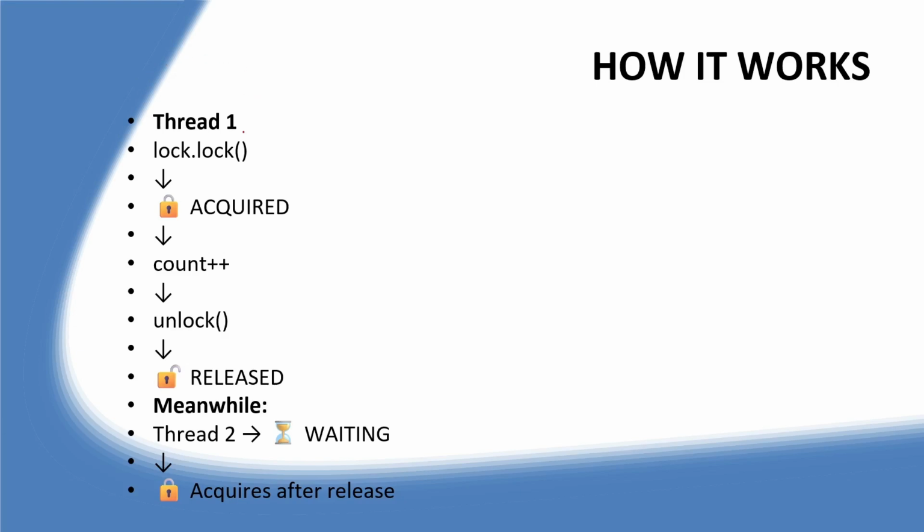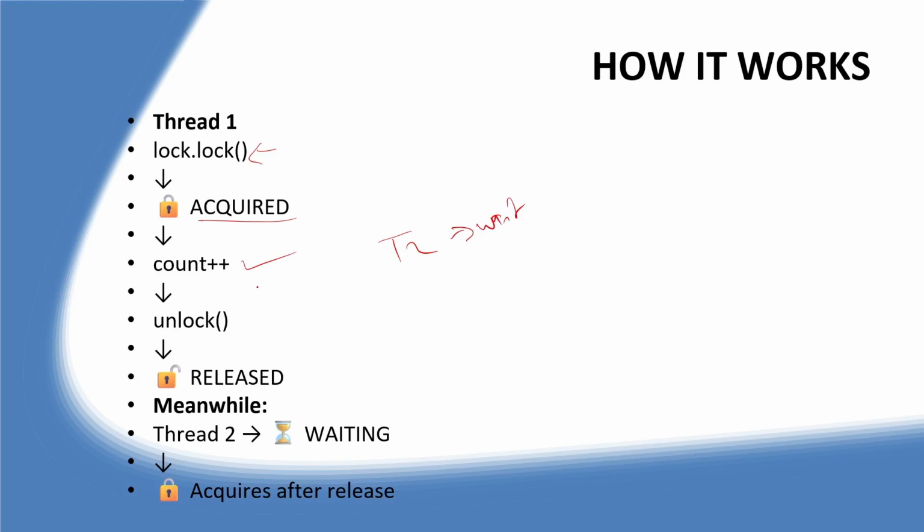Now just visualize how the lock works. The flow is straightforward. Thread 1 calls lock, so the lock is acquired. It enters the critical section and increases the value of count. Let's say in between, thread 2 tries to acquire the same lock, but it is already owned by thread 1, so thread 2 needs to wait.